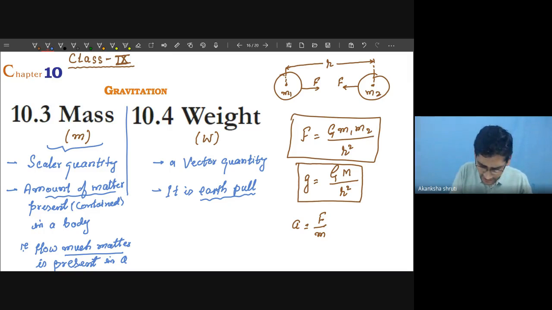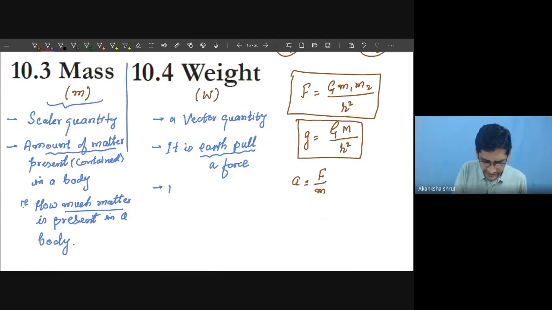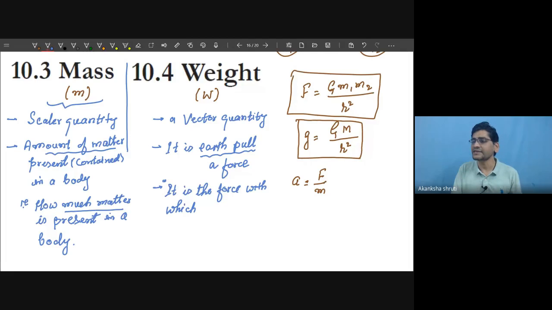So earth pull means it is a force. So the complete definition of weight is like this. It is the force with which a mass is attracted by the earth.